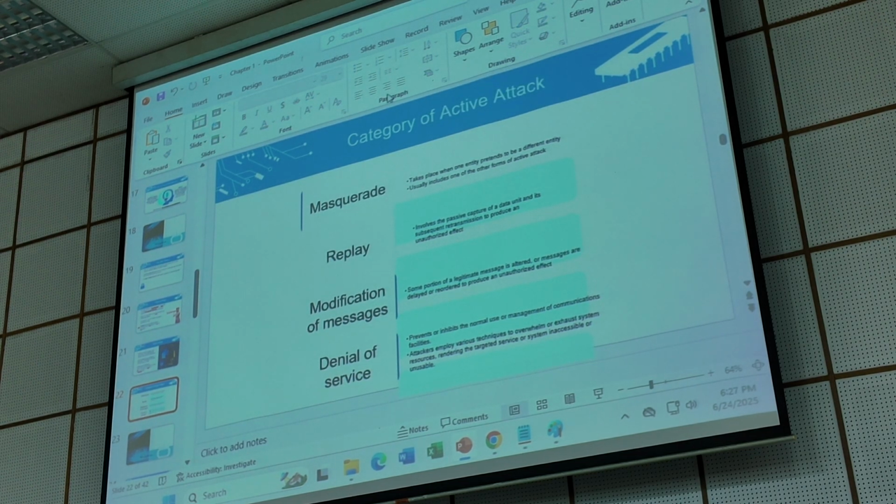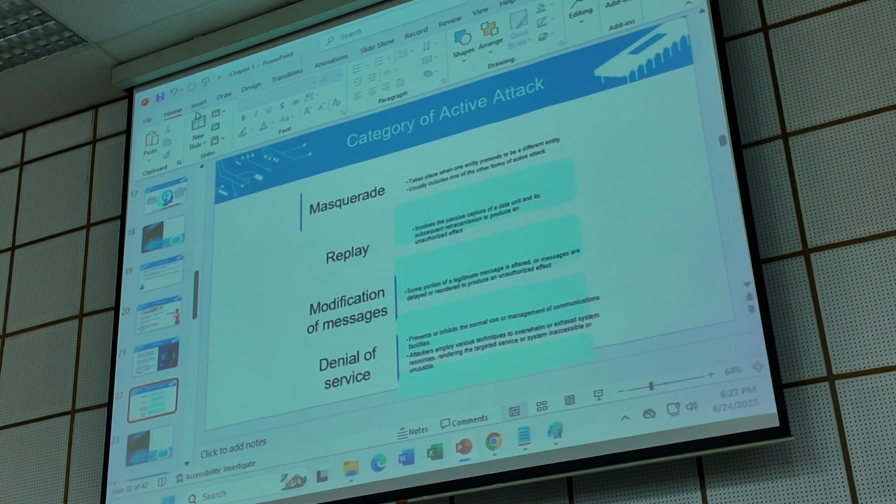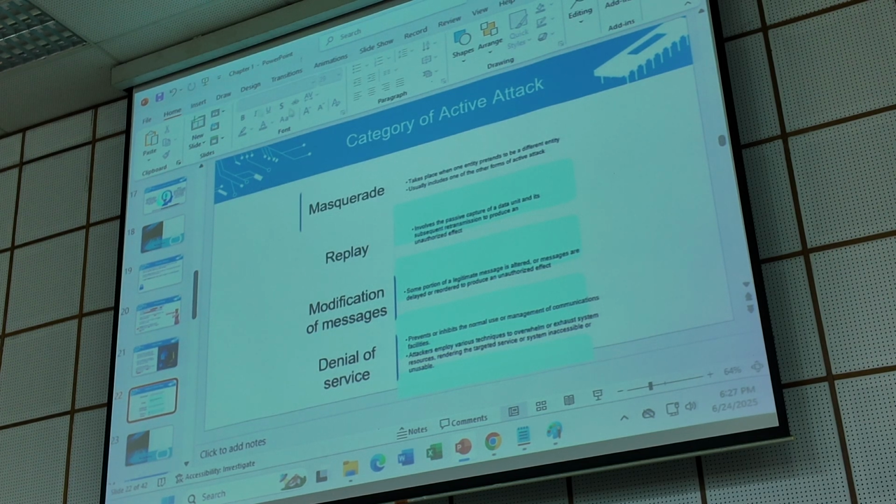Okay, here are 4 examples for the active attack. The first one is masquerade. What is masquerade? Masquerade takes place when one entity pretends to be a different entity.